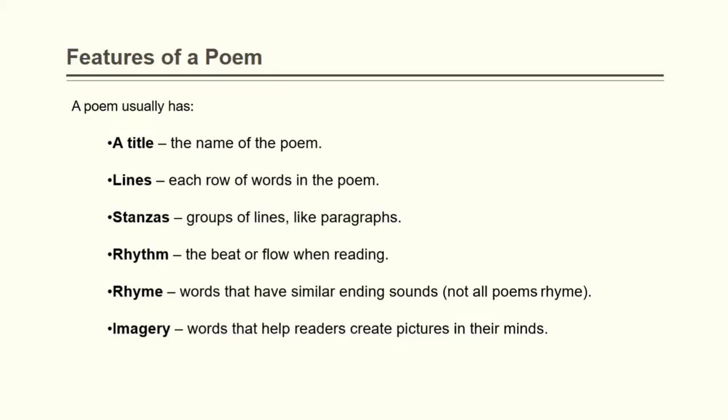It also has rhyme, that is to say the words that have similar ending sounds, though this may not apply to all poems. It also has imagery, which refers to those words that help readers to create mental pictures in their minds.